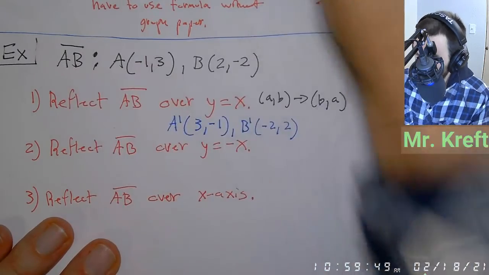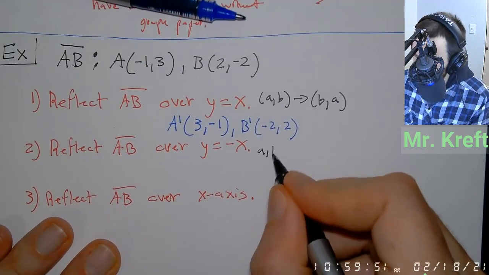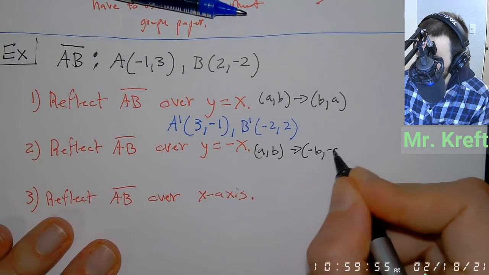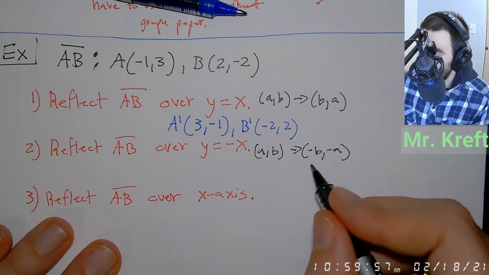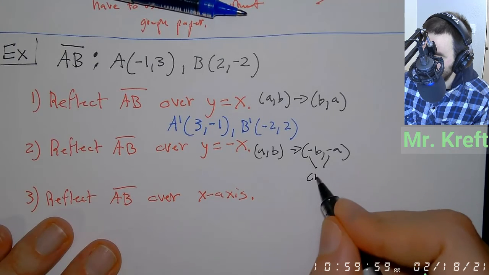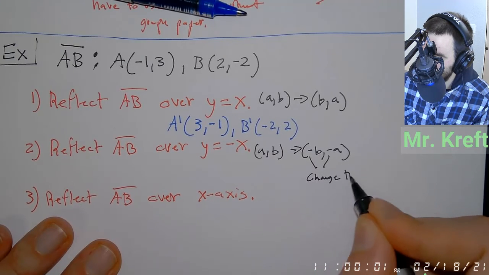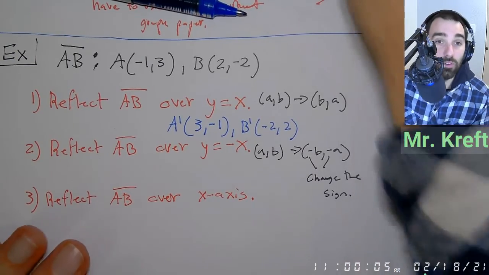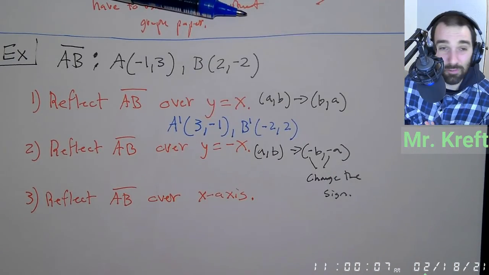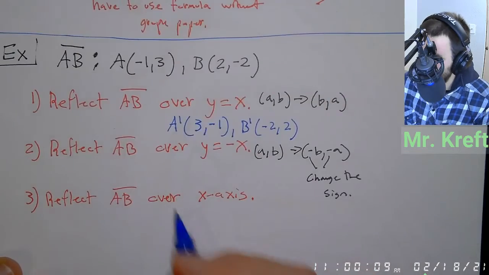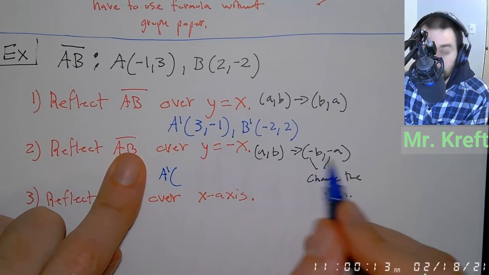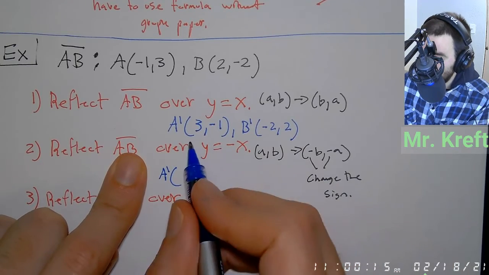Now for this next one, the formula here is I'm going to take every point (a, b) such that I get (negative b, negative a). Now you can think of the negatives as saying change the sign. So if it was negative, it becomes positive. If it's positive, it becomes negative. So A prime, I would switch them and change the sign.